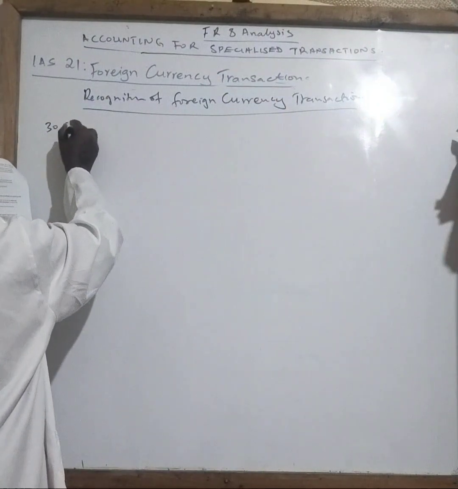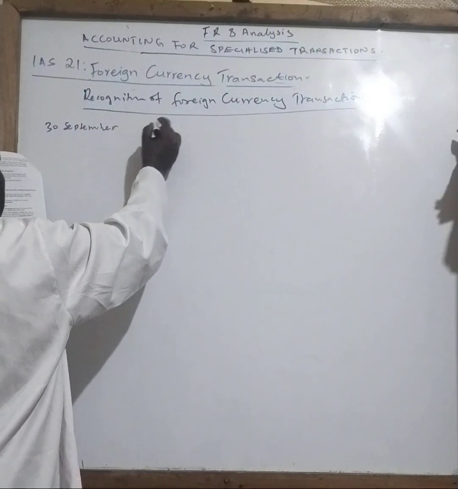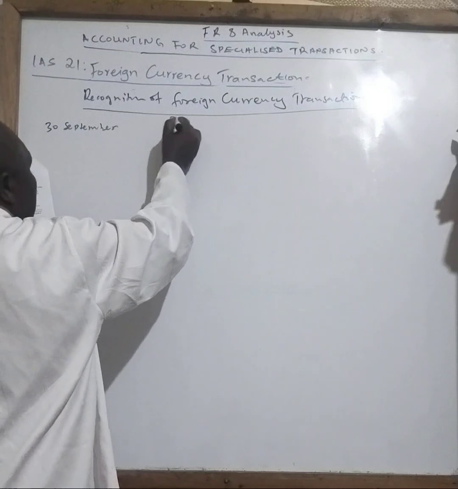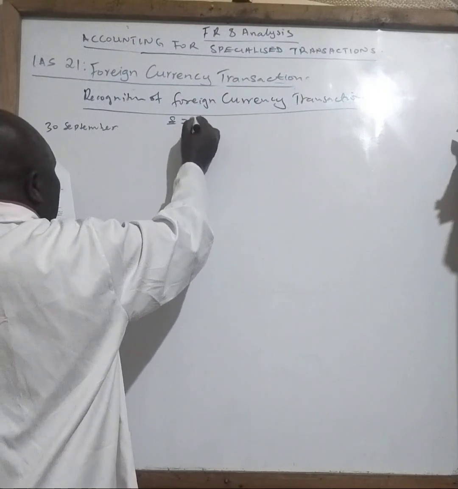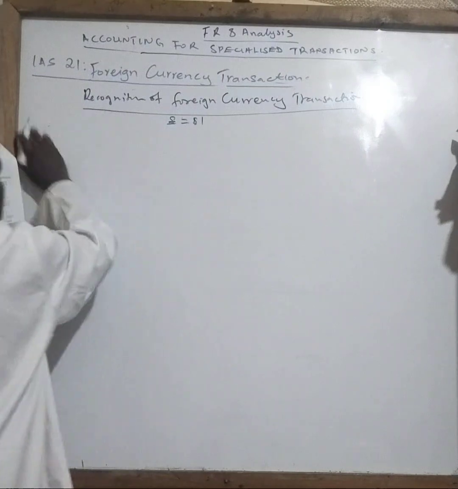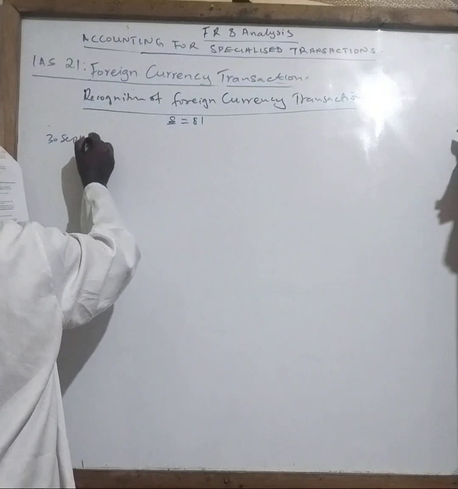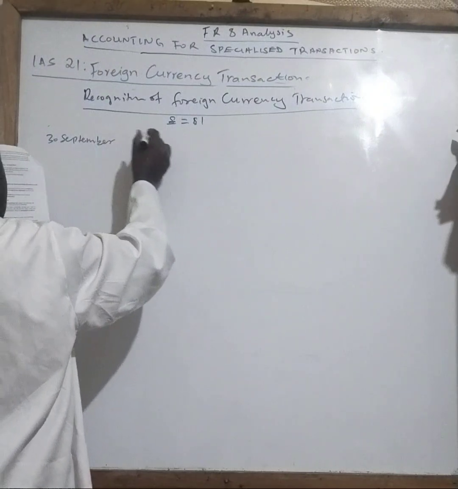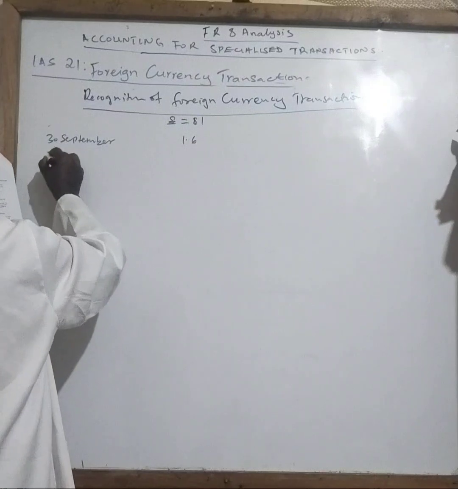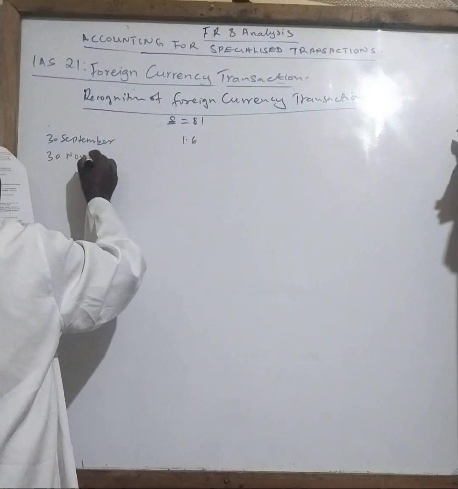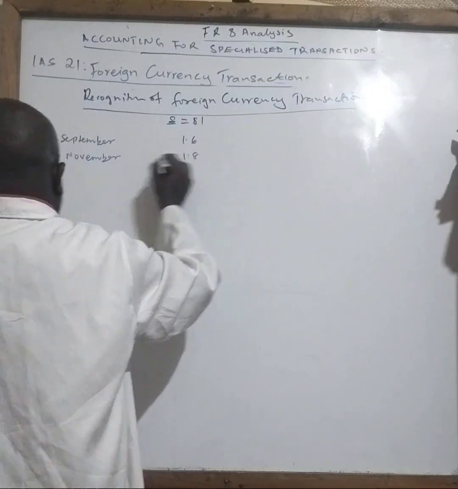On 30th September, the exchange rate in pounds is equal to $1, so this one is 1.6. Then we have 30th November, 1.8.